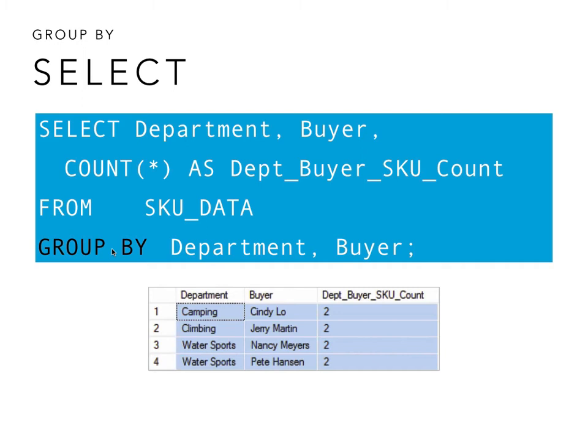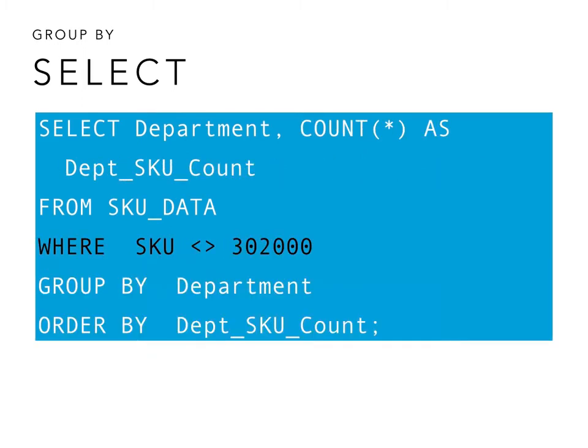We can combine group by with where and order by to get more complex queries. So in this example, we're doing the same count but by department, and we're not including the SKU of 302000. We group by department, so we're only counting by department, and we're ordering by department SKU count, which is this thing that we've created with the as keyword.